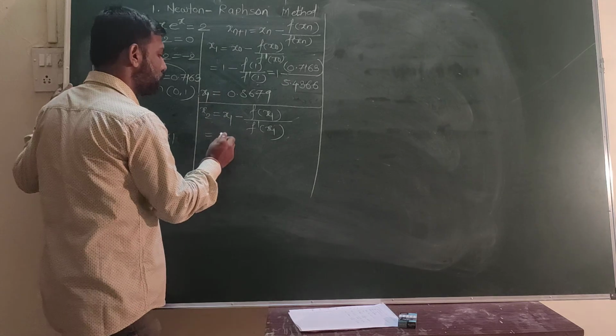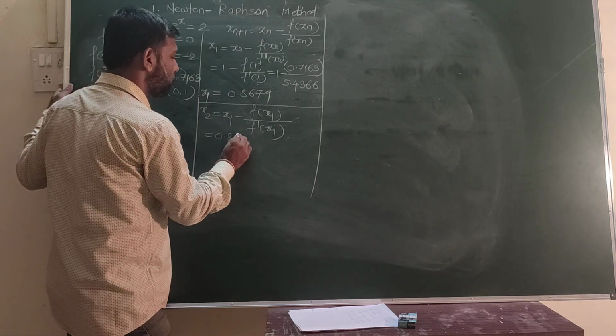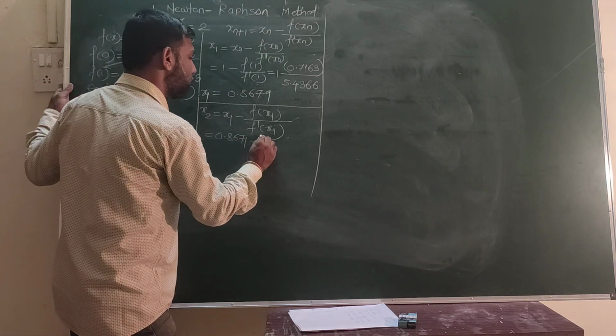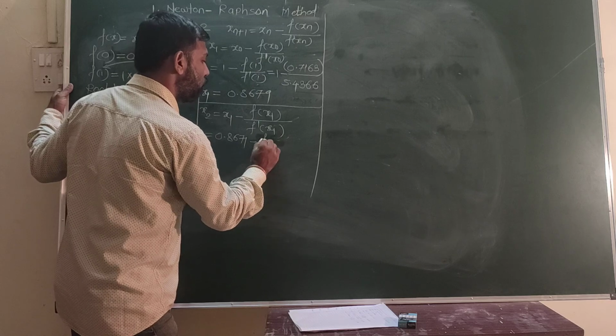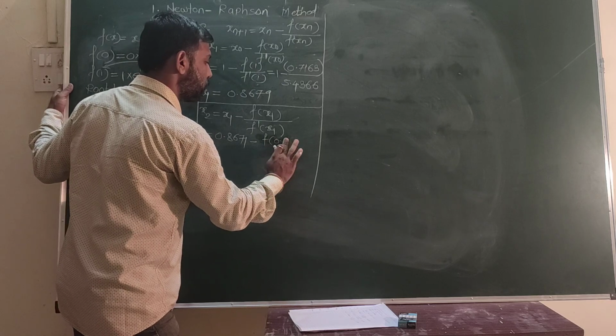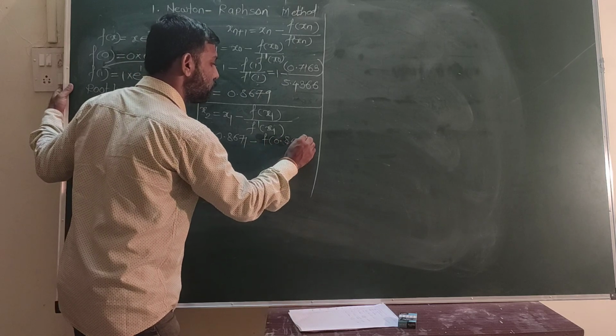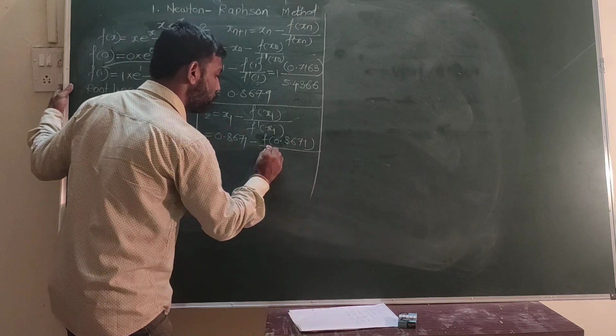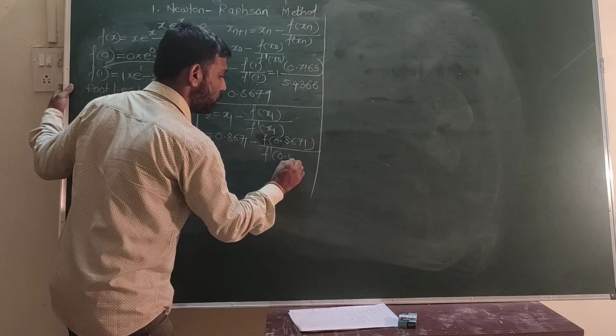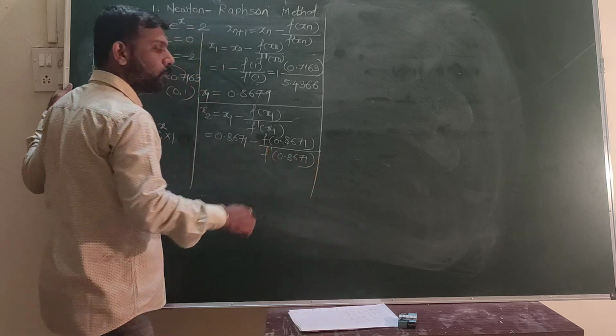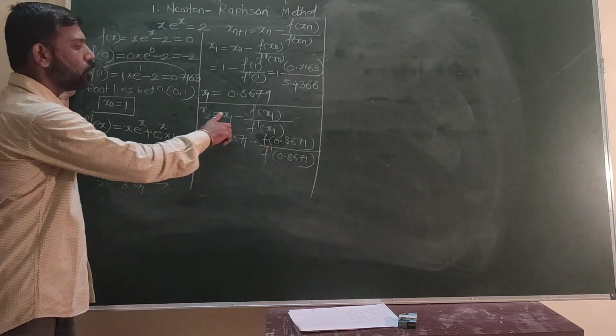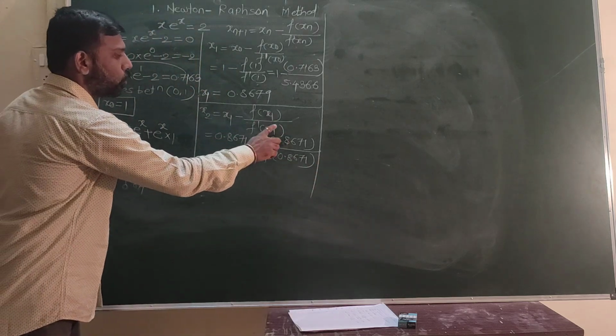Substitute here the previous x1 value, f of 0.8671. So in the second approximation we only substituted this value x1.